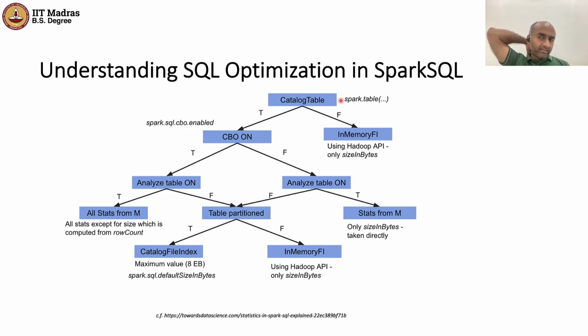In that kind of a flow, the first thing that happens is to check whether the table being referenced is a standard table that's there in the catalog in the Hive Metastore or in the Spark Metastore. If not, then the way it estimates the size of the table is simply by looking at the size of the file in Hadoop, using the standard Hadoop APIs.